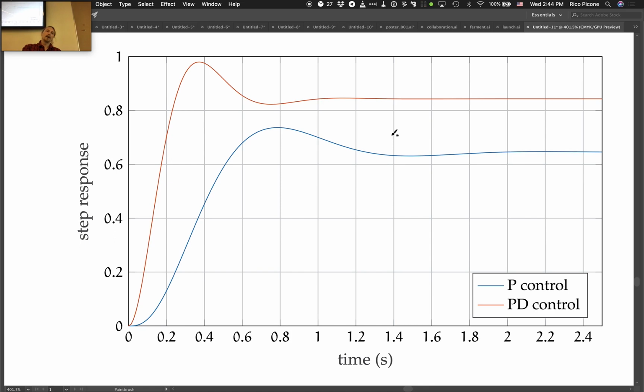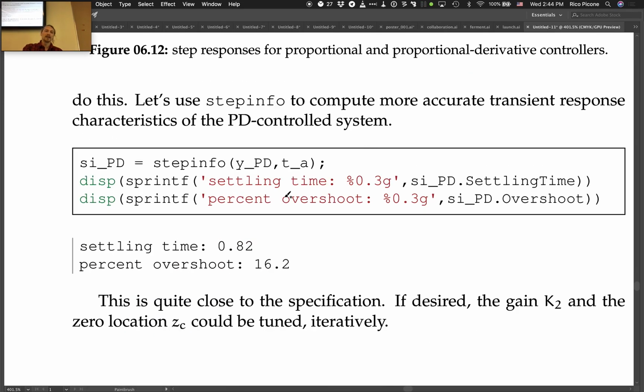Okay, good. So PD control definitely improved the settling time, but let's actually figure out what it is using step info. So the settling time that we got is 0.82, which we were going for 0.8, so that was pretty good. And the percent overshoot is 16.2. We were going for 15, so we're pretty close to the spec.